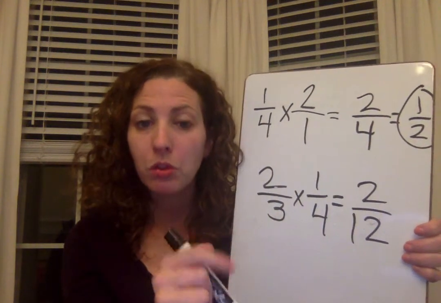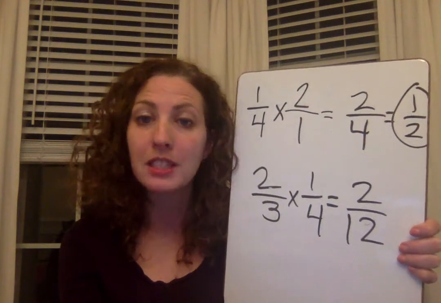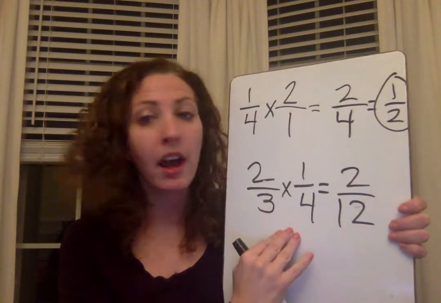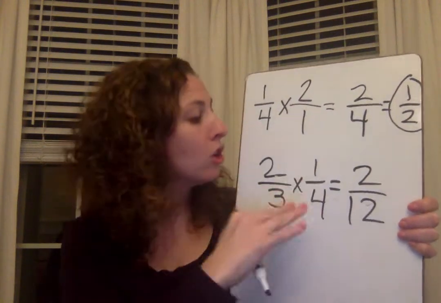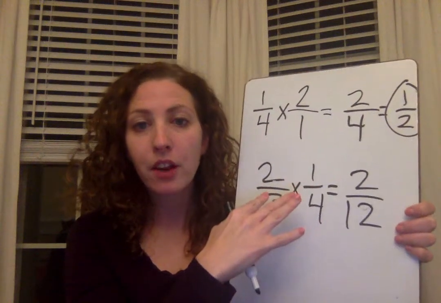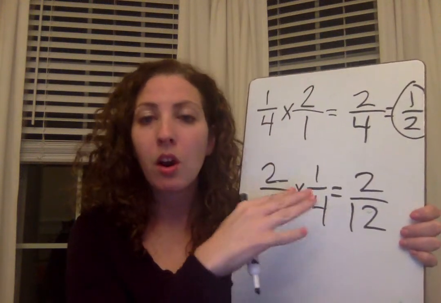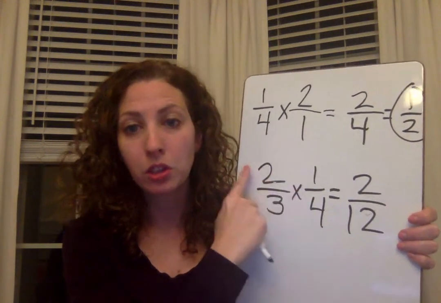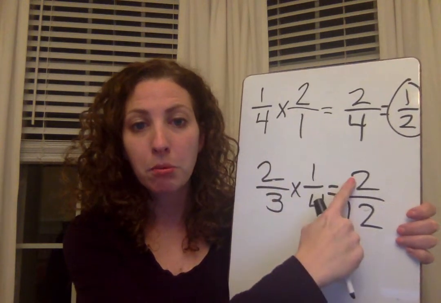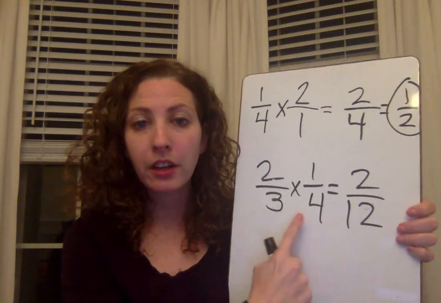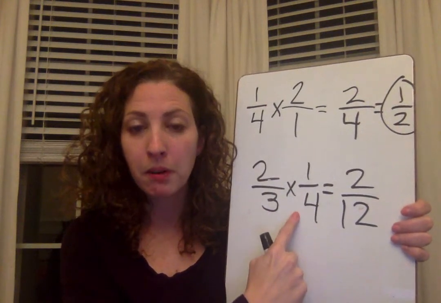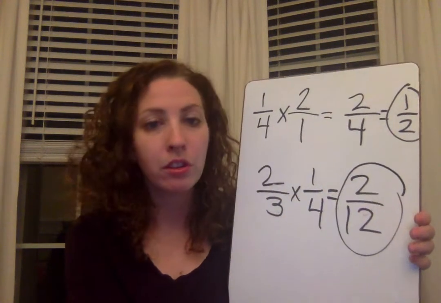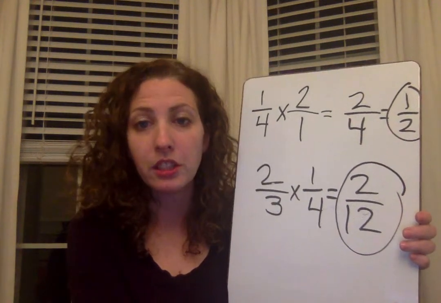Now, I told you that multiplying and dividing fractions is much easier than adding and subtracting because you do not have to find a common denominator. You don't have to multiply the fractions and then add them, okay? All you're doing is looking at your numerators, those are your top numbers, and multiplying across, and looking at your denominators, those bottom numbers, and multiplying that across, and that gives you your fraction, your answer.